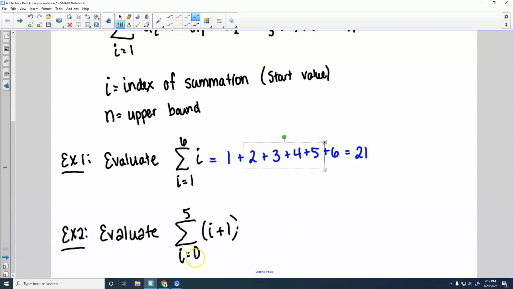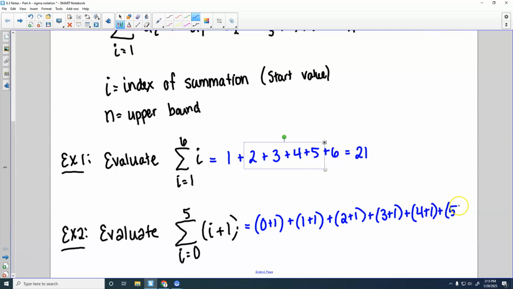For this one, the integer that I'm beginning at is 0, and I'm going up to 5. And my formula this time is i plus 1. So this would be 0 plus 1, and then I'd add the next one: 1 plus 1, 2 plus 1, 3 plus 1, 4 plus 1, and 5 plus 1.